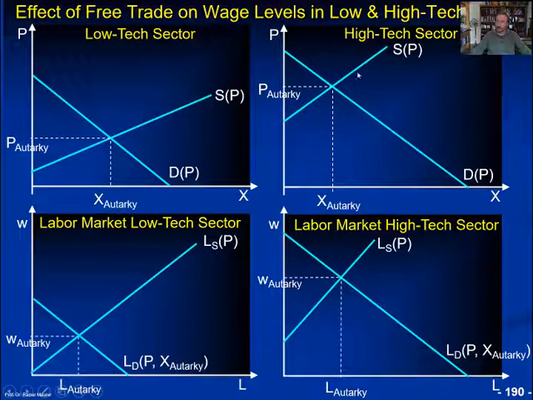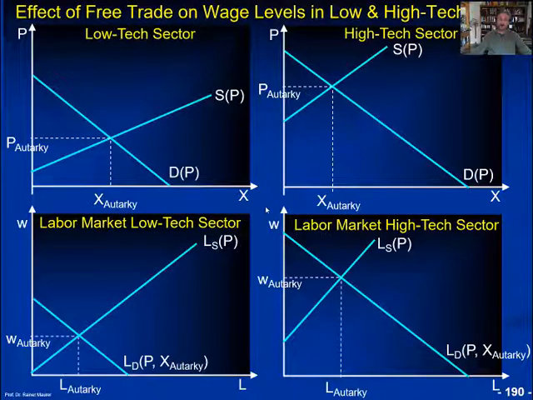So the supply curve on the market for high-tech goods lies relatively far to the left, such that supply for a given price is always relatively low. As a consequence of this low supply of high-tech goods, the autarky prices of high-tech goods in developing countries are relatively high.